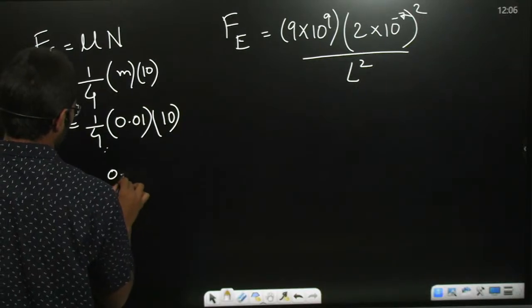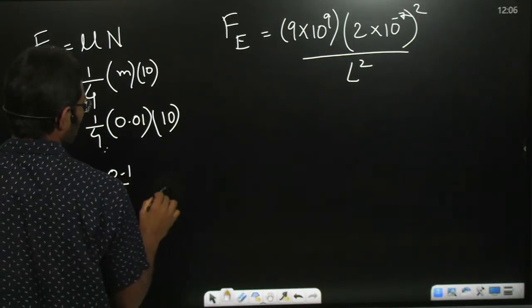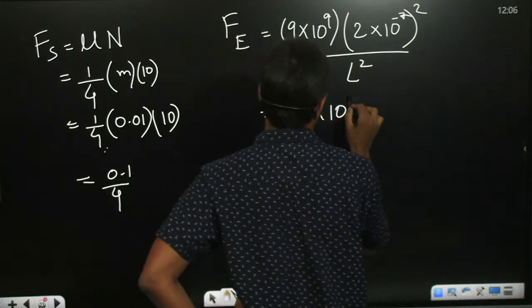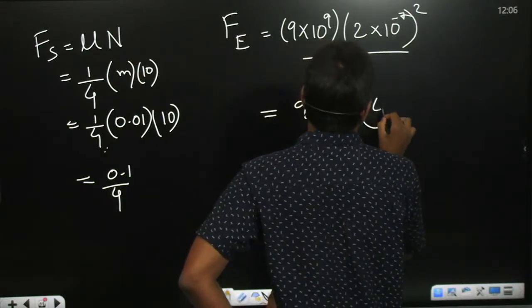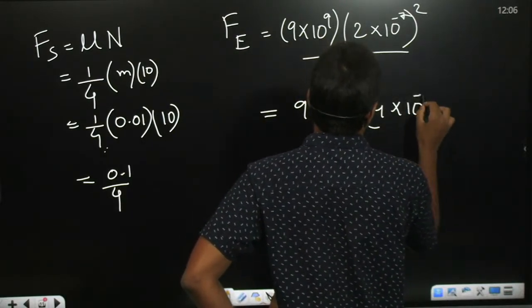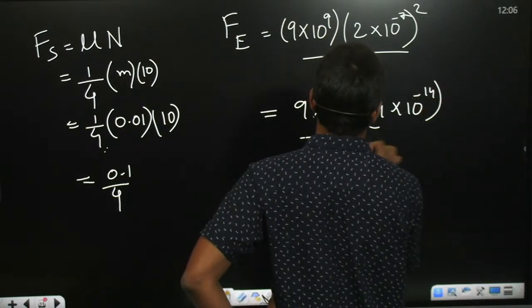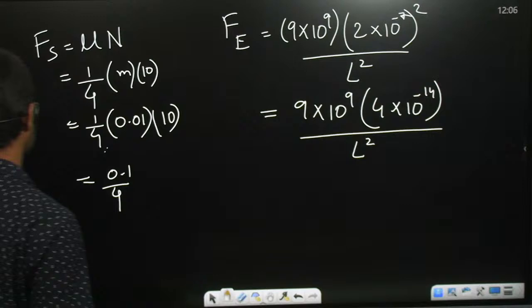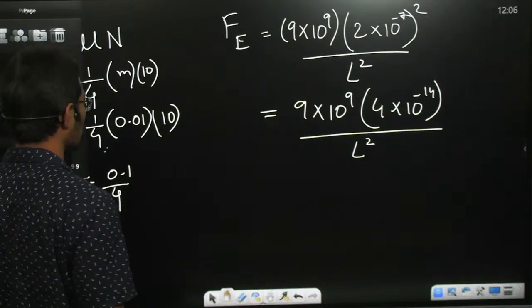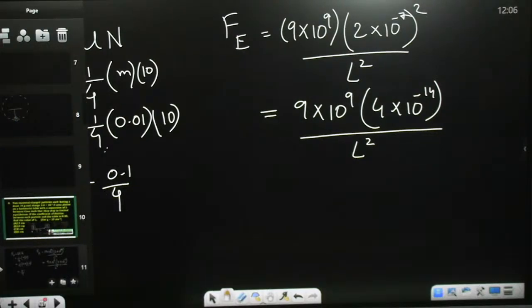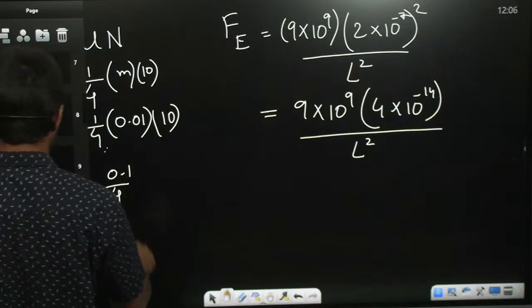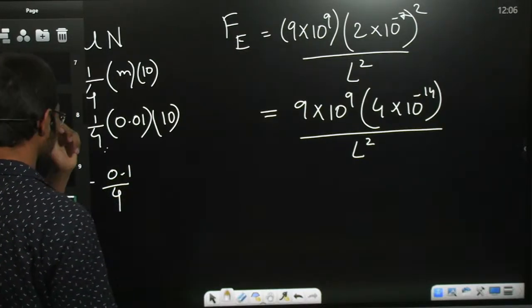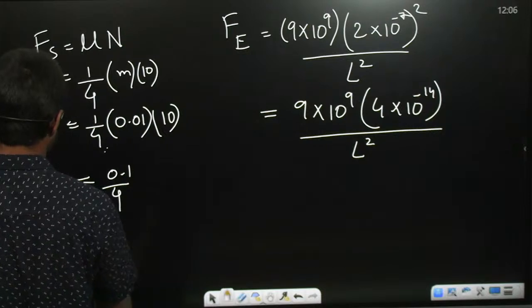So it is 0.1 by 4 is equal to 9 into 10 power 9, 4 into 10 power minus 14 by L square. Mass 10 grams, 2 into 10 power minus 7, yes. So equate them.